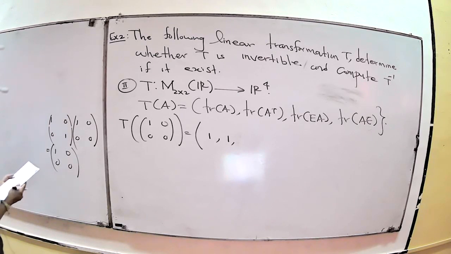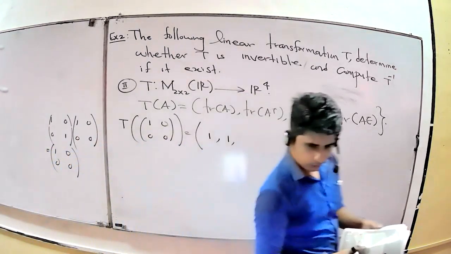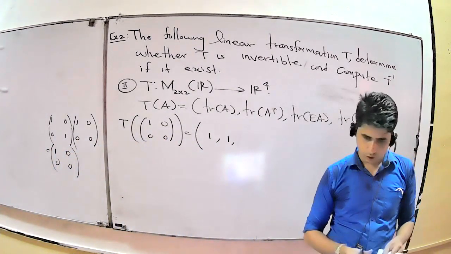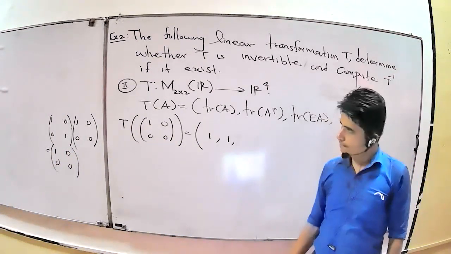Sorry, here this invertible matrix they want to keep first. What is the form of E, right? What is the E matrix of the form?